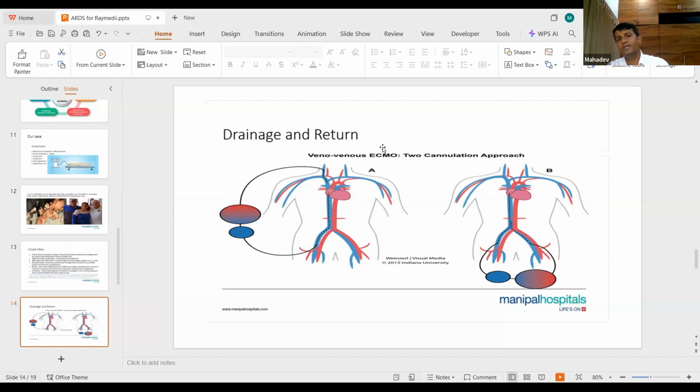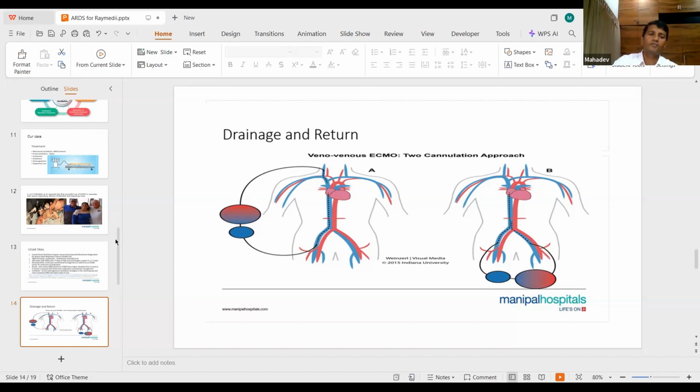This is called VV ECMO. It is a two-cannulation approach, though you can use a single cannula also. Your drainage is from the femoral vein and returning it through the internal jugular vein. Here you are draining through the femoral vein and returning through the femoral vein. This is femoro-femoral, and this is femoro-jugular.